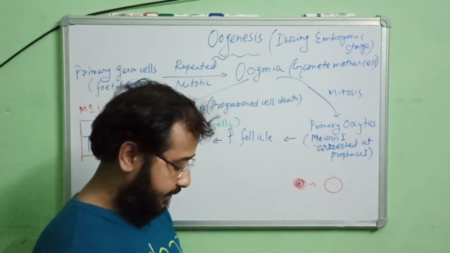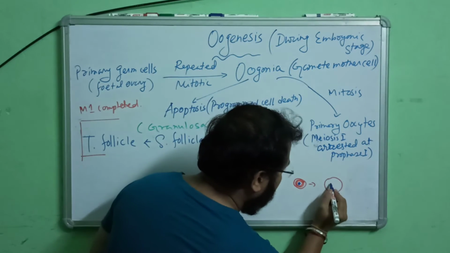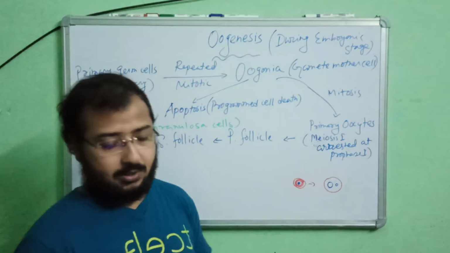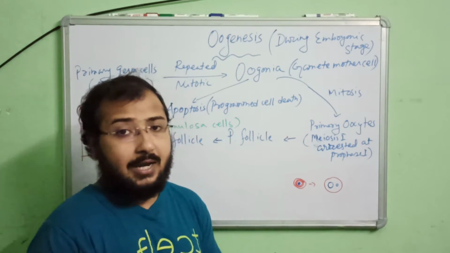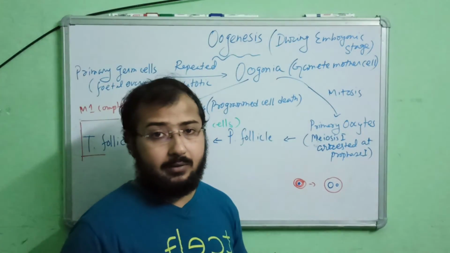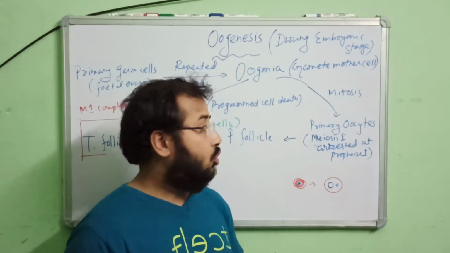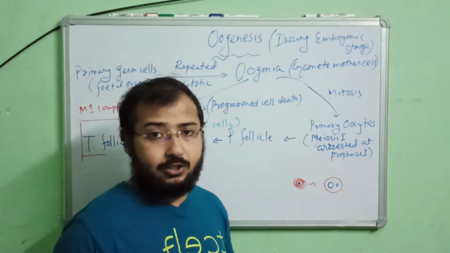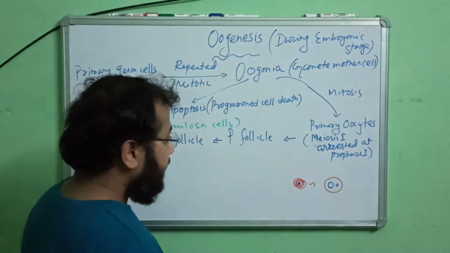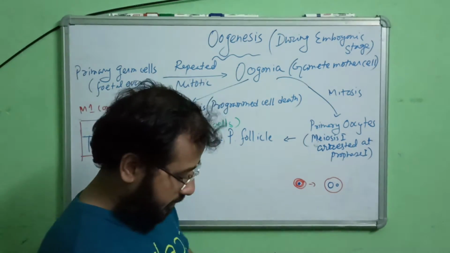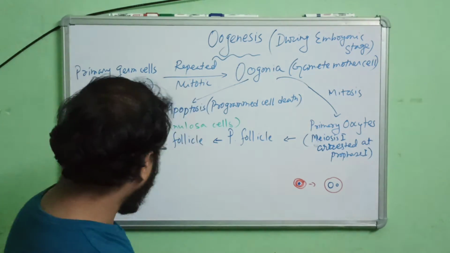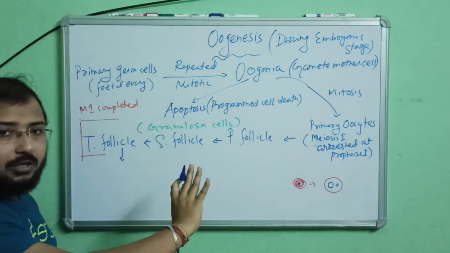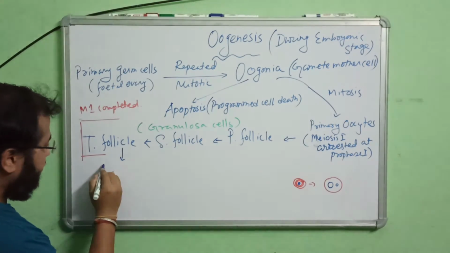Two daughter cells, one small and one large, and both will be haploid, remember, because meiosis is happening. The parent was 2n diploid, so now it becomes haploid daughter cells. So these cells, let's name them. What did we get in the tertiary follicle? The formation of two cells.